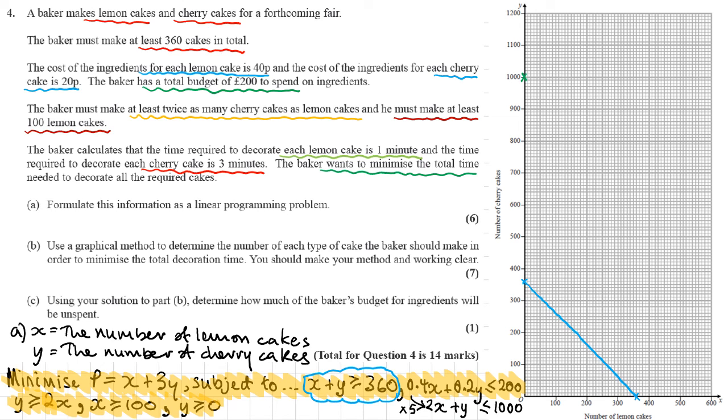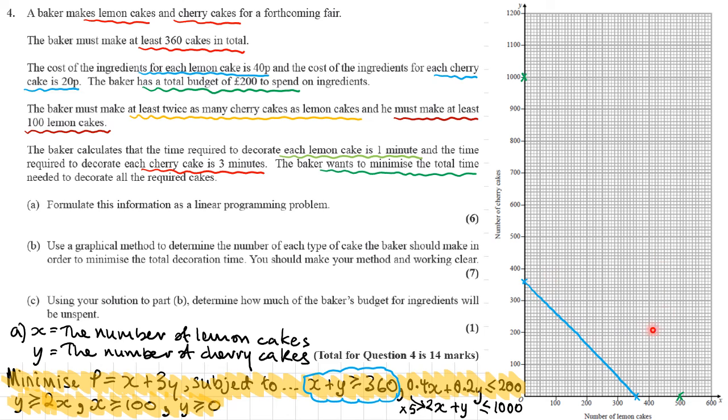I guess what I should have done as well on the previous one that I plotted, because it's greater than or equal to 360, I'm going to shade off the area that I don't want, leaving the area that I do want clear in the middle. So greater than or equal to 360 would be the points above this blue line.